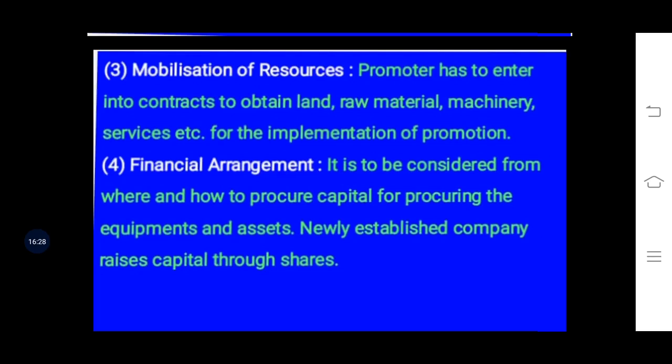So as the promoter is the beginner of the company, even though company is not established yet, he can enter into the contract in the name of company or in the name of his own before commencing the company, because he is the one who is going to deal with every aspect of the company.